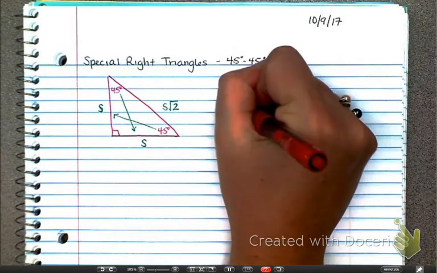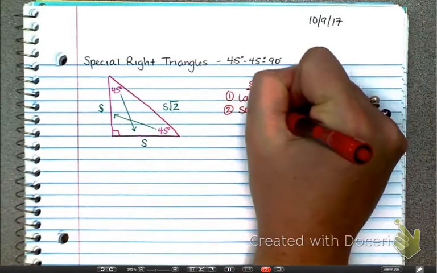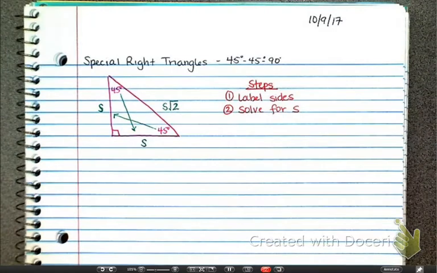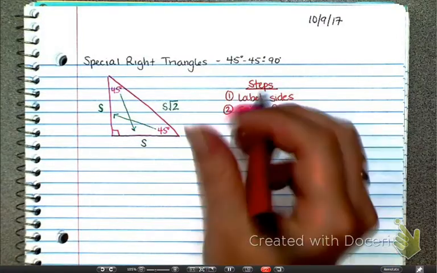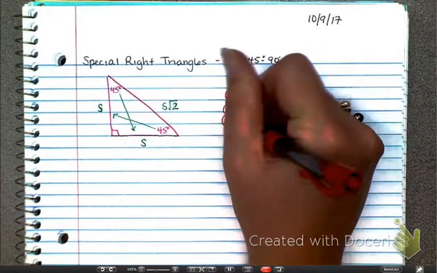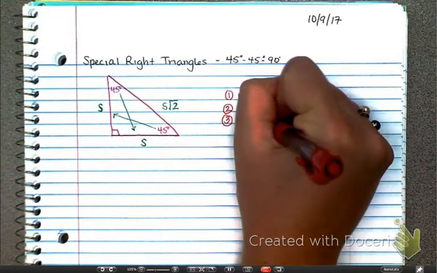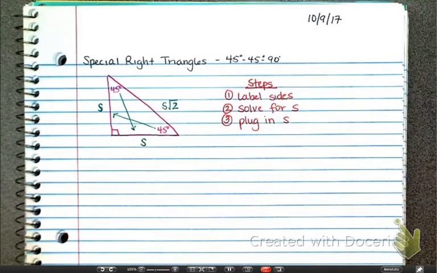Step 2 is going to be to solve for S. So S may be solved for depending on the problem. S may not be solved for, and we need to know what it is. And then step 3 is going to be to plug in S for the other sides. Okay, so plug in S.